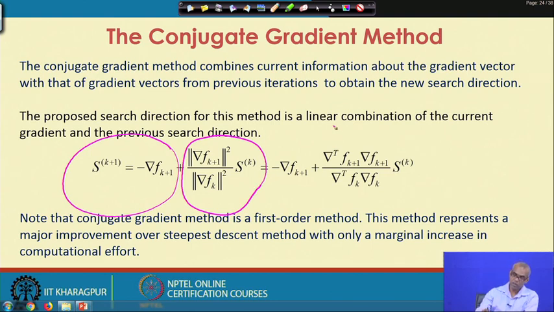Only the information about the previous search direction is included along with the current gradient information. So, there is a marginal increase in computational effort, but a major improvement over steepest descent.